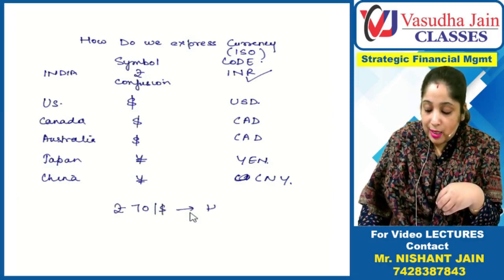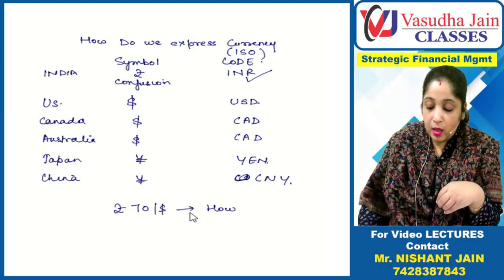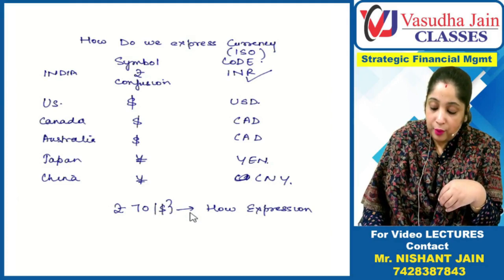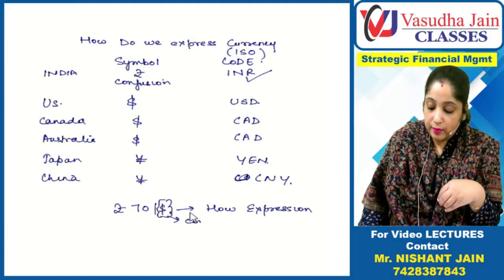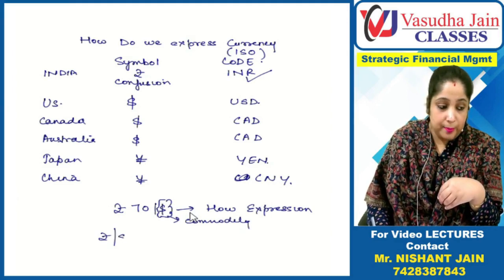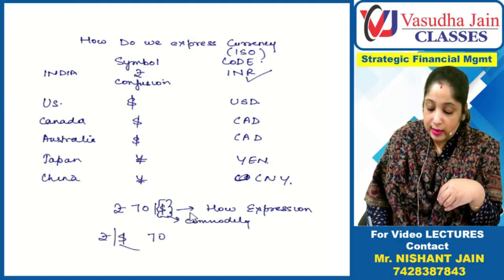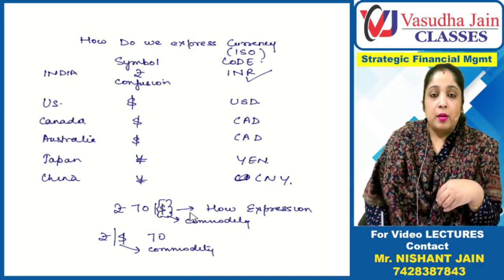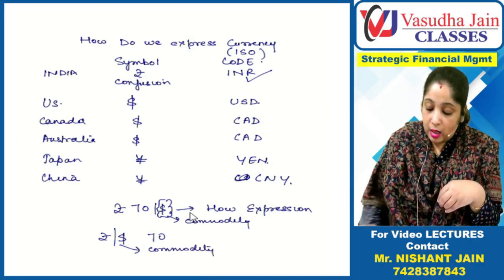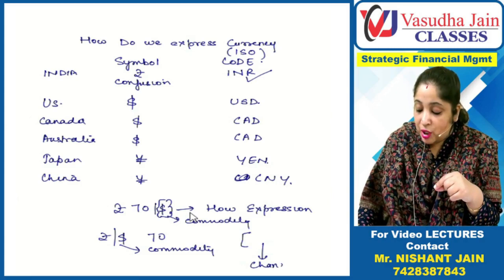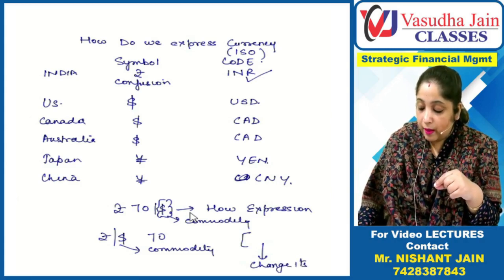This is how you express it. In this I have told you this is the commodity. I have told you if you write like this, rupees per dollar 70, then this is the commodity. But dear students, this is a wrong implication. No, not a wrong implication. This implication will change its meaning.